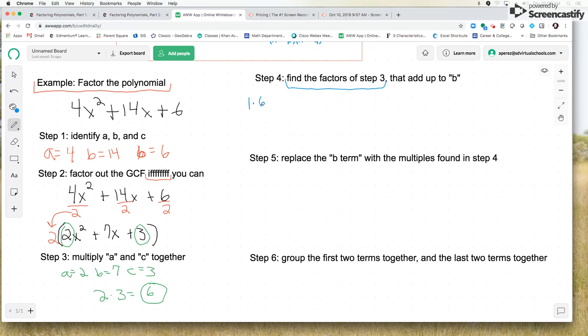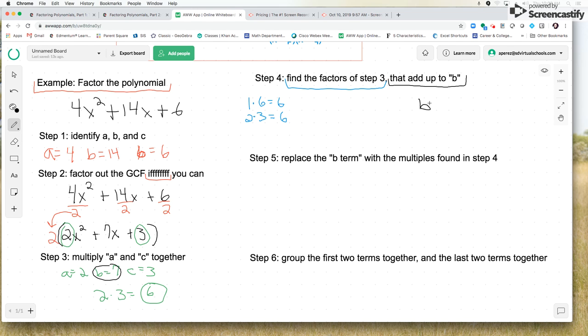So my factors of 6 are 1 times 6 and 2 times 3. Now, if you have a bigger number with way more factors or multiples, then just keep listing them. List them all out, especially if you're not very good with your multiples, just list as many as you can find. All right. In this case, we only have 2 sets, so that's good for us. That add up to B. So my B term, like I said, was 7.